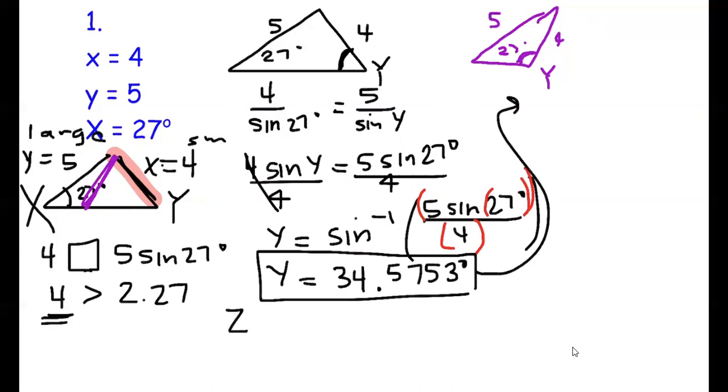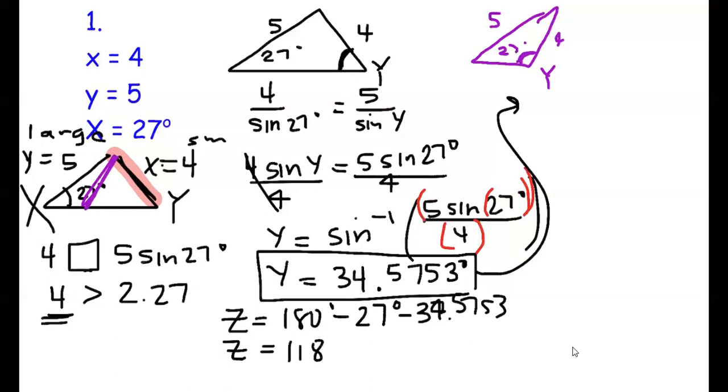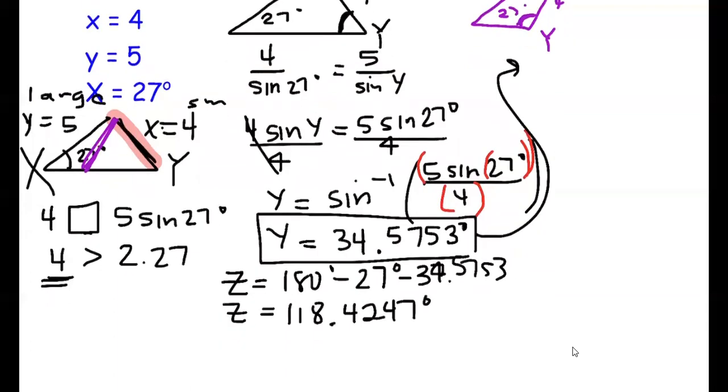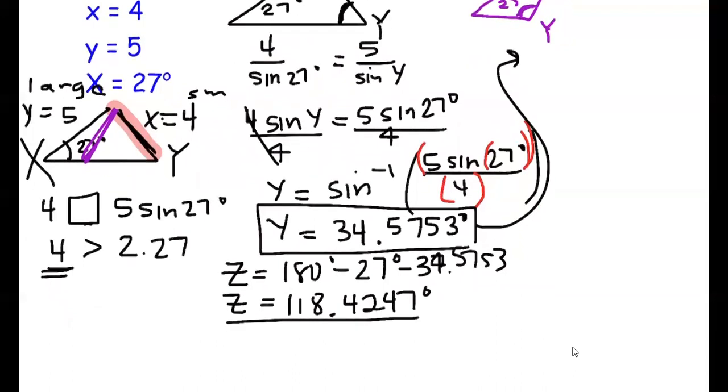Now we need to find angle Z. Well, angle Z is the remaining angle, and we know we have 180 degrees in a triangle, so we're going to subtract off angle X, and we'll subtract off this angle Y, 34.5753, and we find that angle Z is actually 118.4247 degrees. And then to finish solving this triangle, now we need to find the third side, which would be side little z.